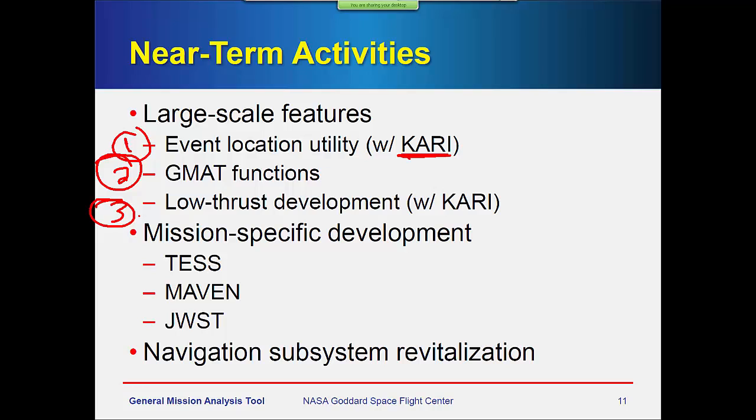That's the sort of thing we're talking about when we say low thrust development. Also included in that are specific models for electric engines and nuclear engines and related hardware.